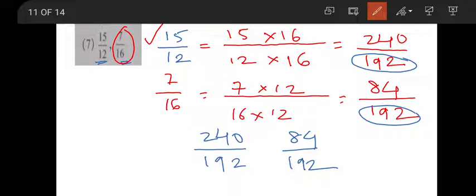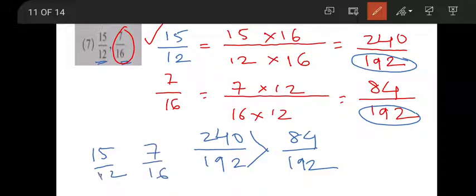Now see, the denominators have become equal. Now compare the numerators, 240 and 84. Here 240 is greater, so this sign will be used. We will write the question again here, 15 upon 12 and 7 upon 16.